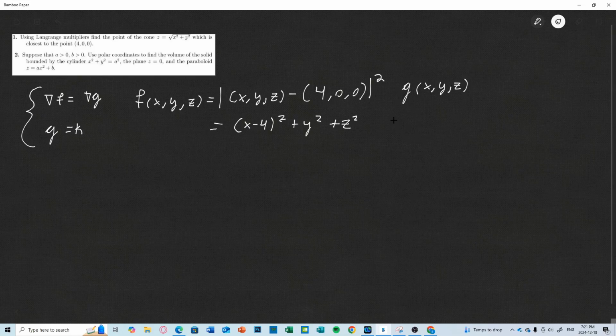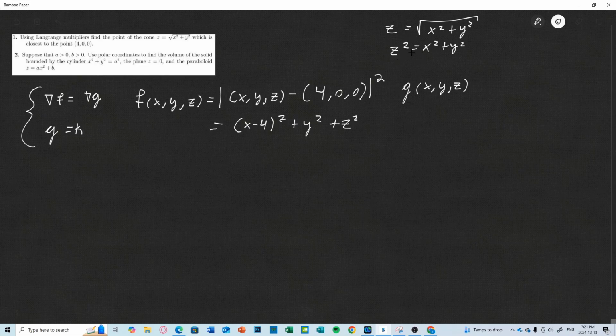This is going to be our cone formula, which, if you look, is z equal to the square root of x squared plus y squared. But to get rid of the square root, we just set z squared equal to x squared plus y squared.